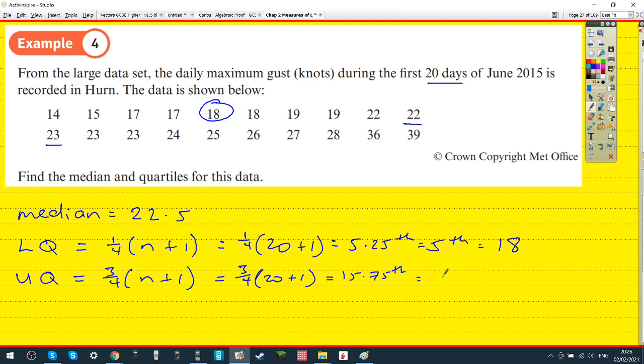Would it be 16 then? I'm rounding these. 20, 19, 18, 17, 16th is that one. And so interquartile range. Is that 26 minus 18? Which is 8. Hope this is right.